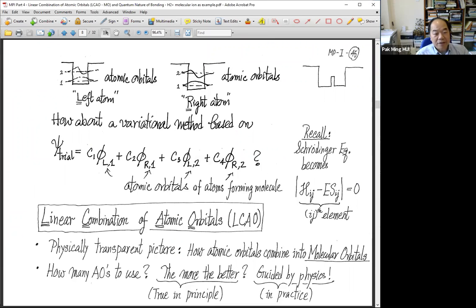How about this? I make reference to the single well situation. That's my atom. So left atom, I have ground state, first excited state. Right atom, I have ground state, first excited state.